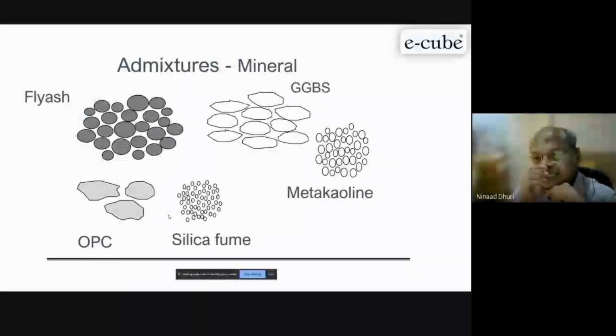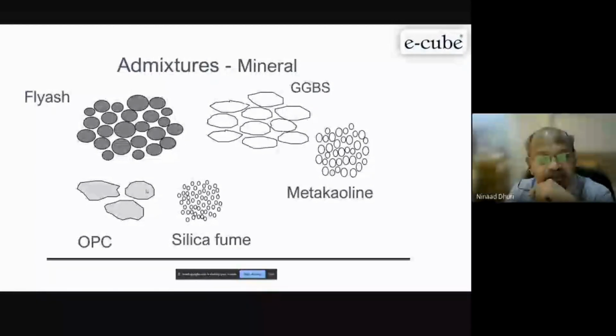Here you can see the physical shape of the materials. When you take cement on your fingertips you find very fine particles, but under a microscope they look like your aggregates, because the clinker has been crushed.